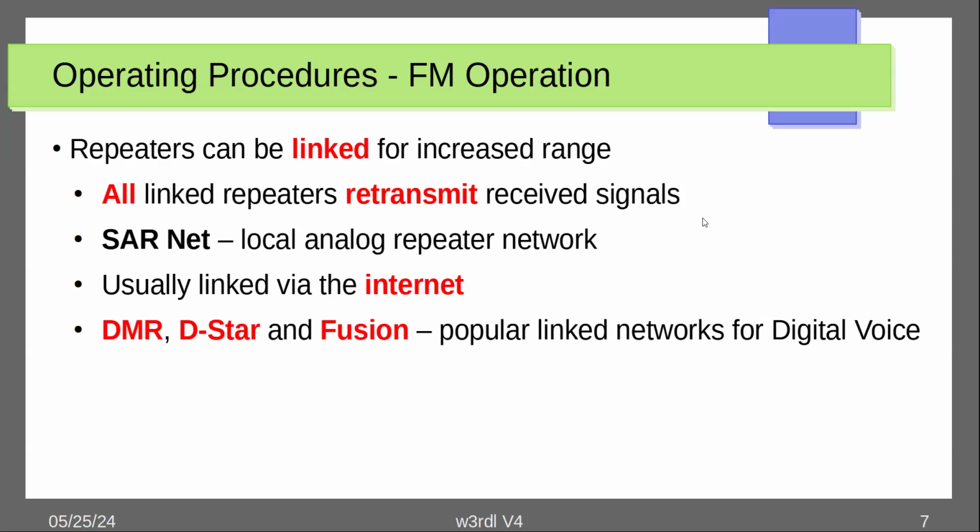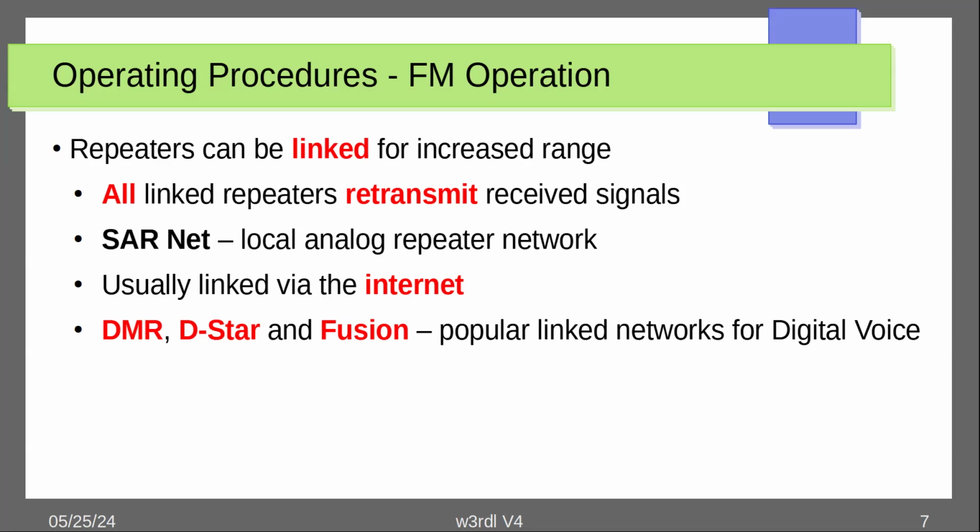There's also some digital voice networks. They all use the internet, and they're specialized repeaters for DMR, D-Star, and Fusion. They're all somewhat proprietary, where you have to buy a DMR radio or a D-Star radio or a Fusion radio, and it's not easy to get them to interact.